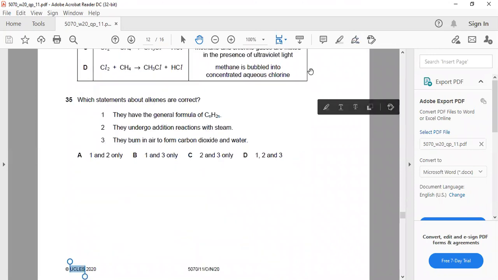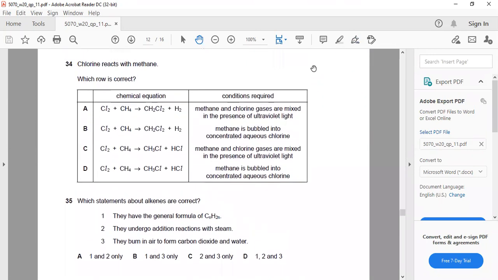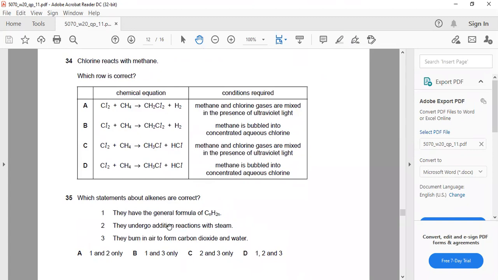34 is about organic chemistry, the reaction of an alkane with halogen, chlorine. Methane plus chlorine, UV light is the condition. What is the reaction in the first step? Bubbled into aqueous is wrong.